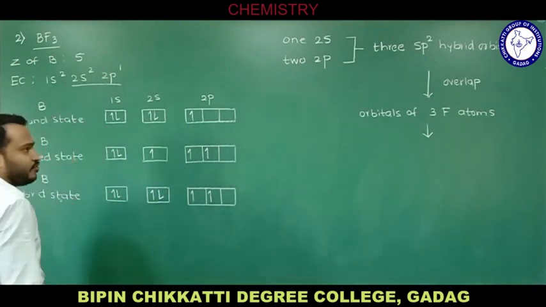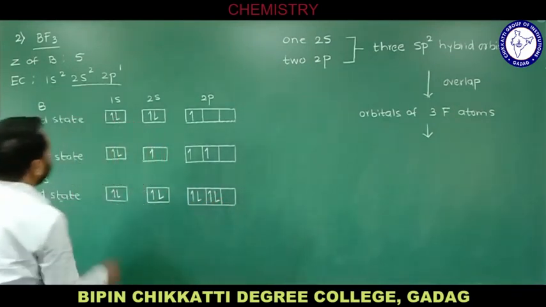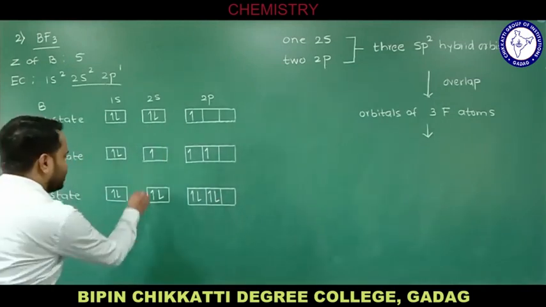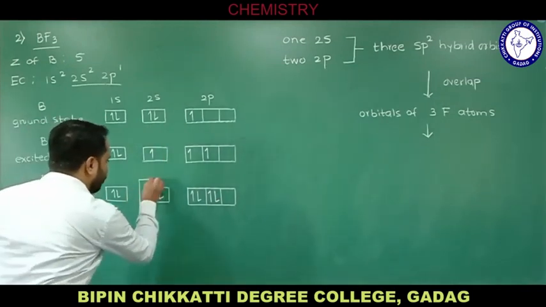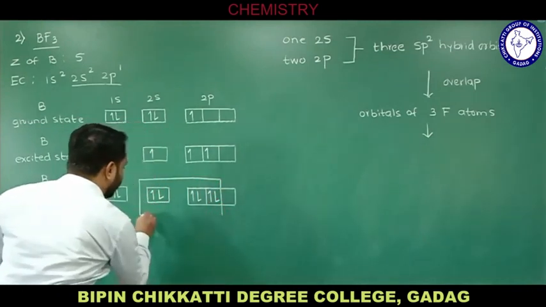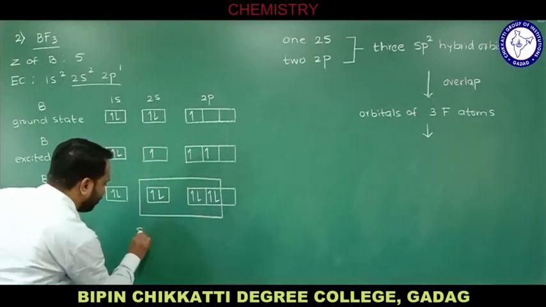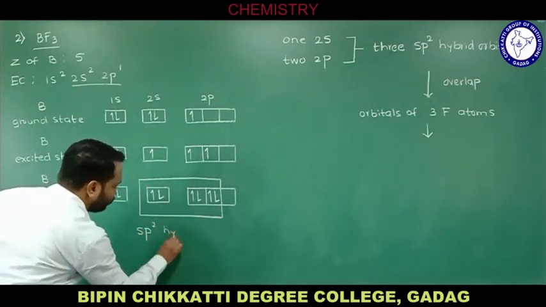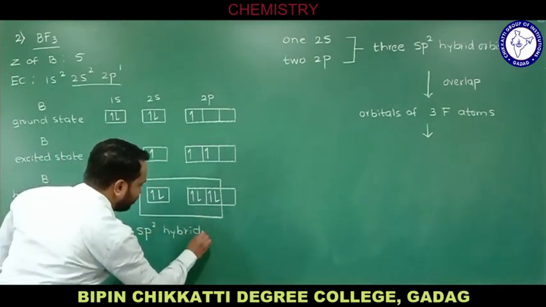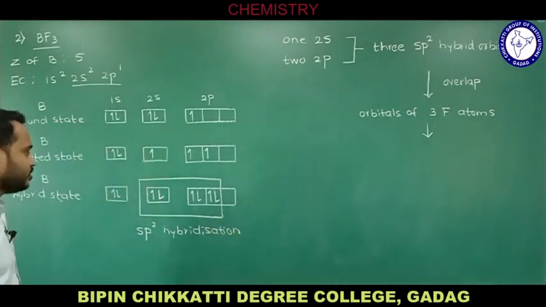So this electron is from F and this will be 1 more F and this will be 1 more F, 3 Fs we have. And this is the main part of hybridization. Now I hope you can guess what kind of hybridization takes place. 1 S and 2 P, therefore hybridization will be sp2 hybridization.